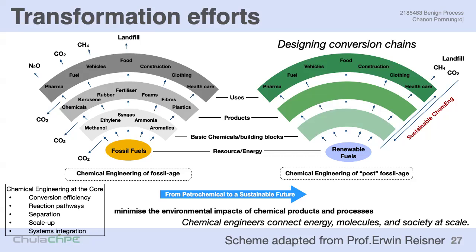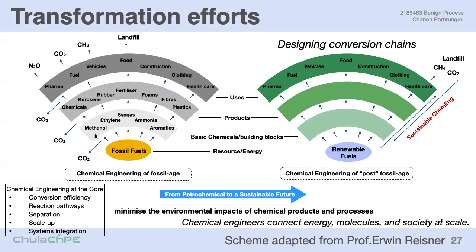But as we are trying to move away from the finite energy source to renewable energy, we have to transform ourselves a little bit. You will see here fossil fuels. If you learn mass balance, right, and if you want to burn it or do pyrolysis or different gasification, for example, if you look at the mass balance, you will always see that some carbon dioxide is being created, right?